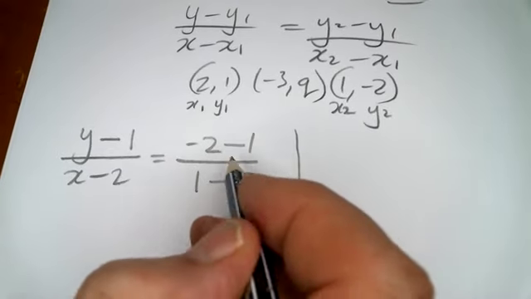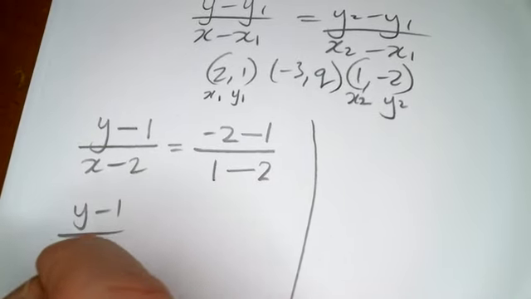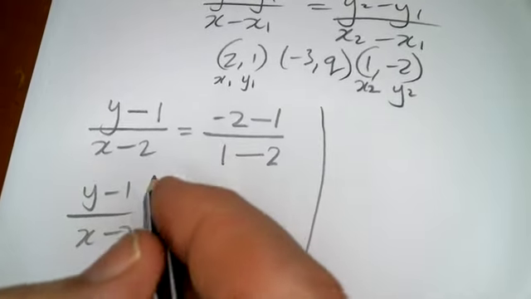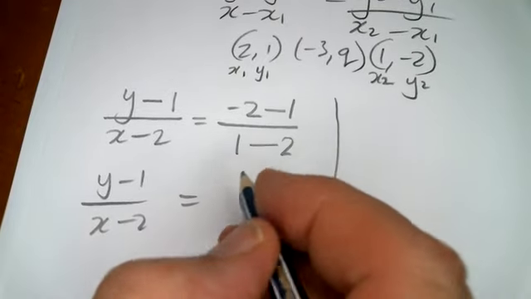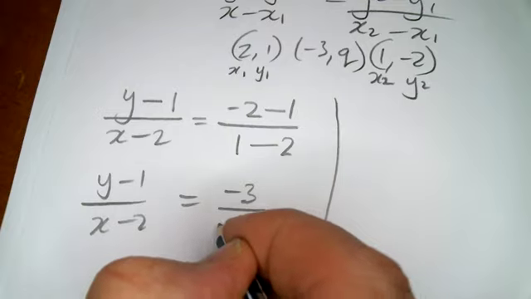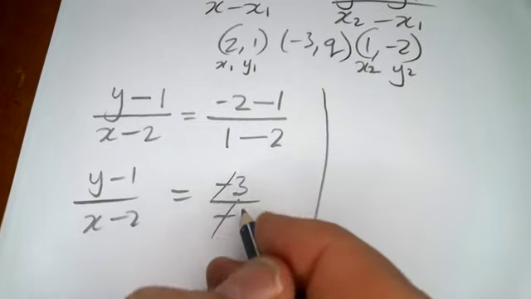So I've now got, let's just rewrite this, (y minus 1) over (x minus 2) equals, now, this is going to be negative 3 on top and negative 1 on the bottom, or just 3 over 1. So I can actually just cross out those negatives. I've got 3 over 1. I'm going to cross multiply.